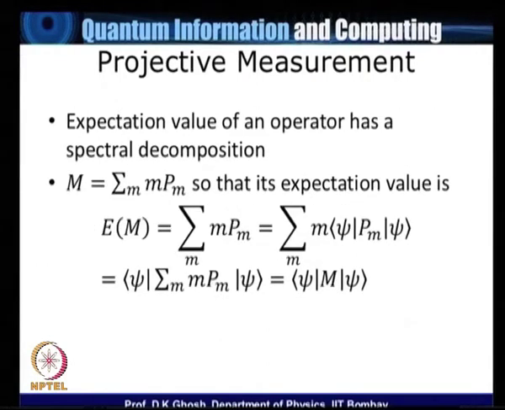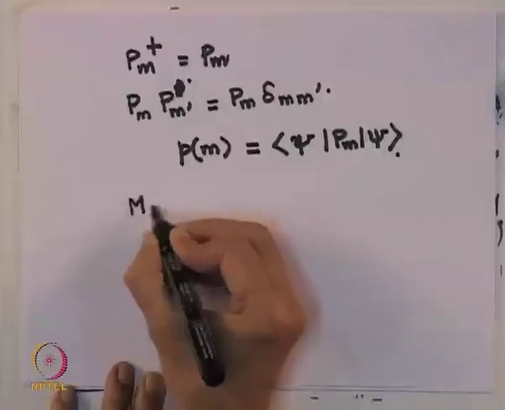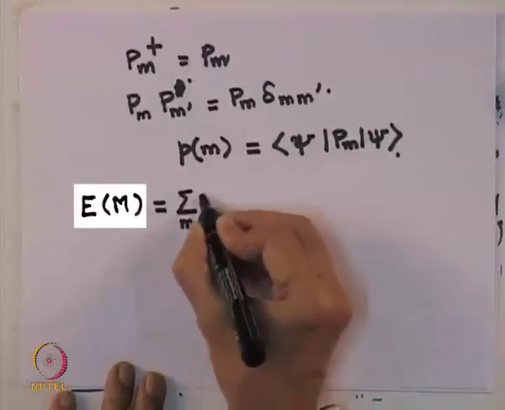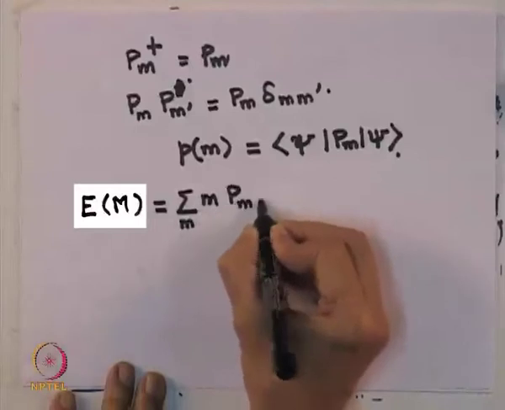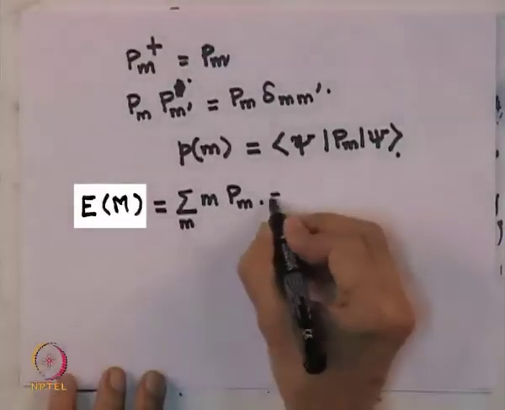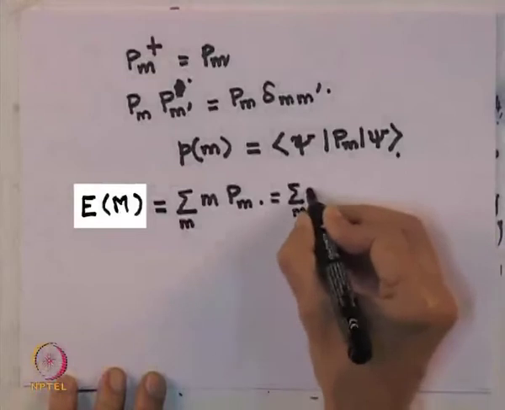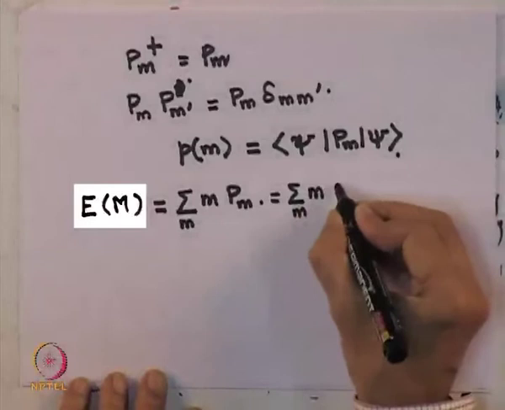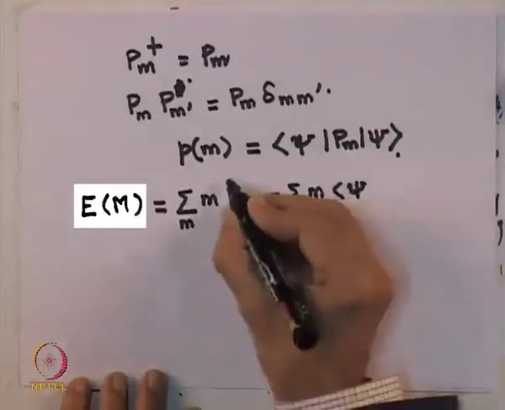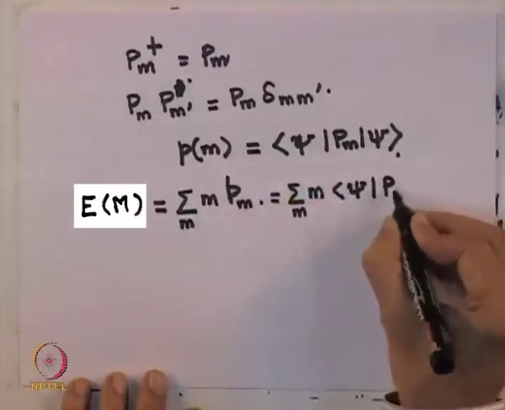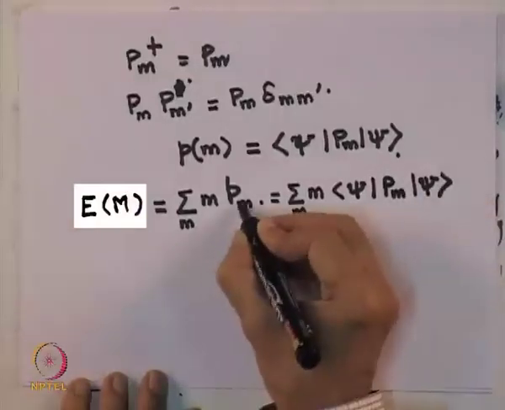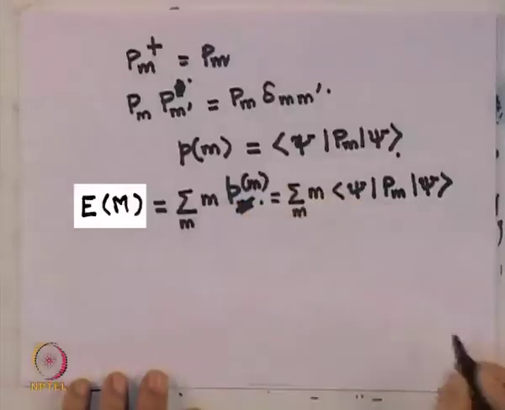Now suppose I look at a physical operator M, and this M we know has a spectral decomposition, sum over m of m P_m. We have just now said that these m are the eigenvalues, and P_m, their probability, is psi P_m psi, which I wrote as p(m).